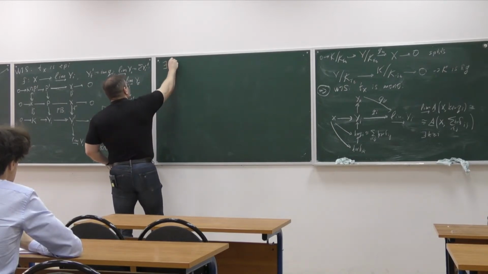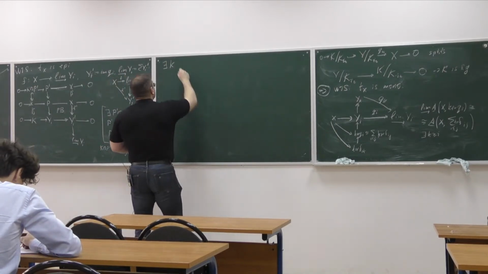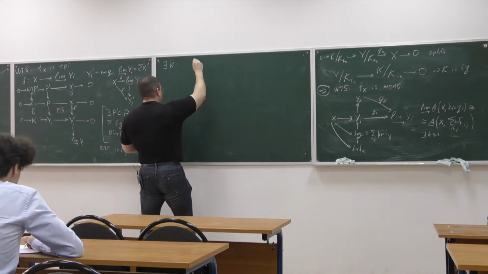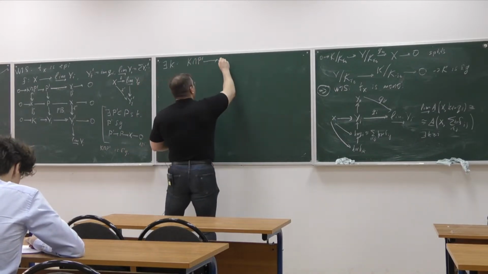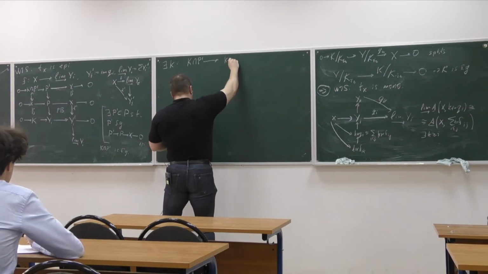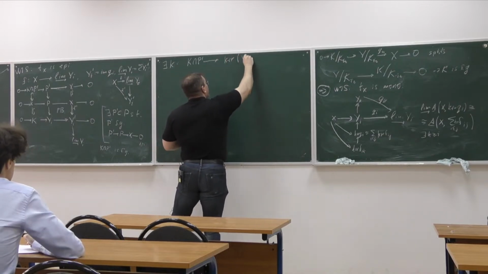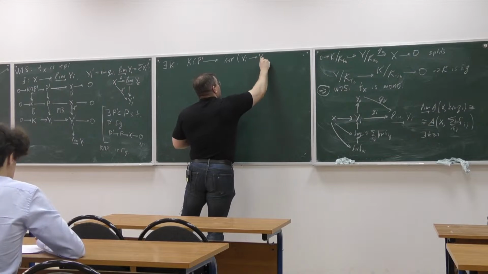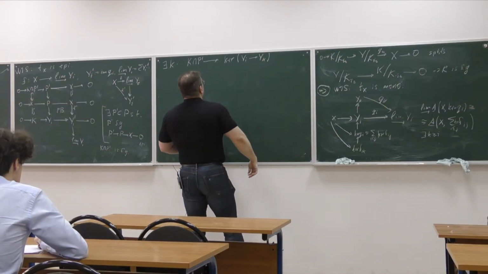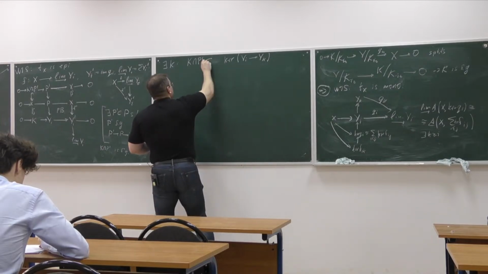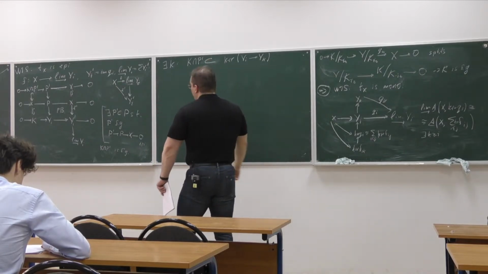Since this is finitely generated, we're using the same logic as before. We can choose an index k such that the map from k intersect p prime to the kernel of yi to yk sits in the kernel of this thing.